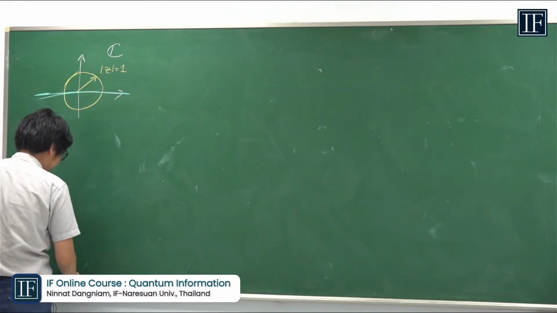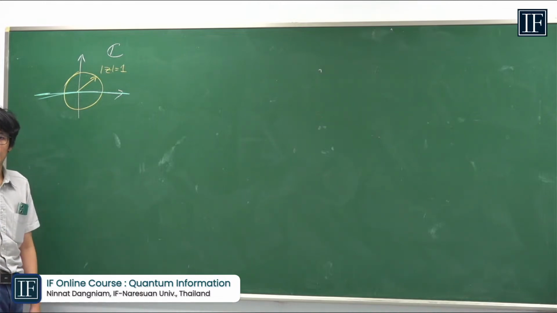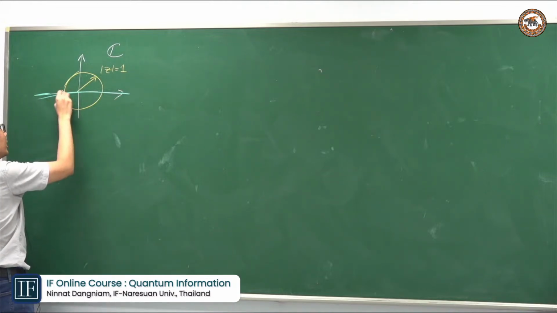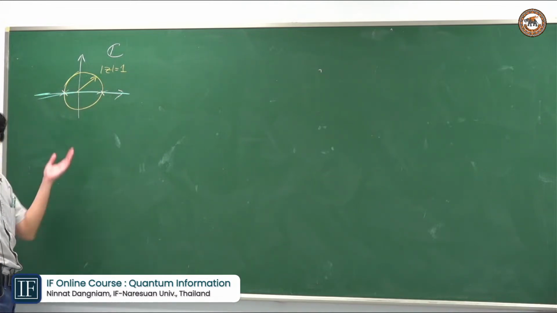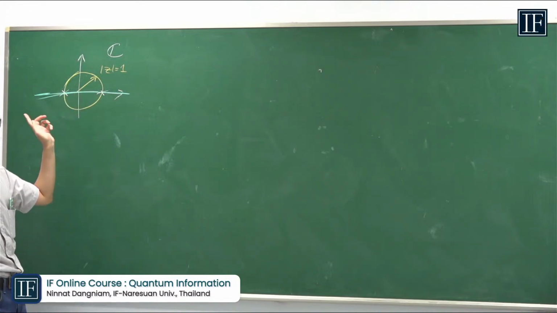And of course, if you have operators that are both Hermitian and unitary, like the qubit Pauli operators, then your eigenvalues are necessarily 1 or minus 1.